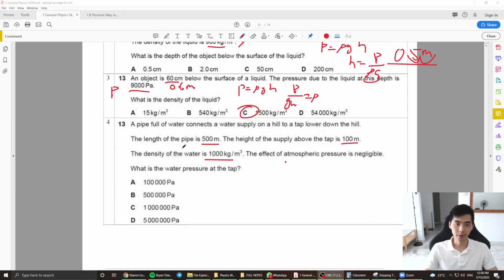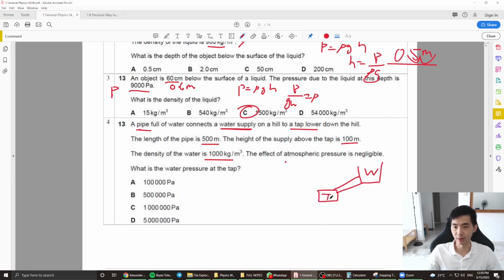Okay, after lots of thinking and a few drawings later, I kind of understand what this question is. There are three parts here, right? There is a pipe, there is a water supply, and then there is a tap. This pipe that is full of water is connected to a water supply on a hill and to a tap lower down the hill.